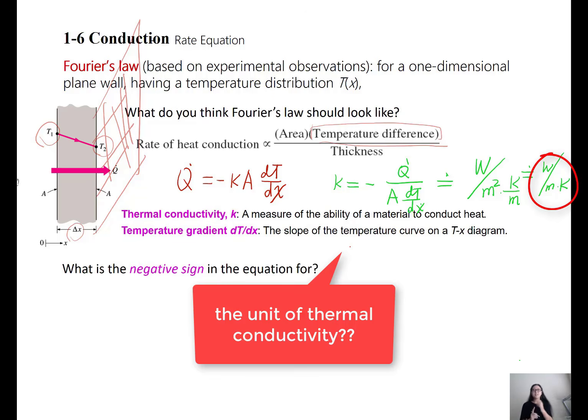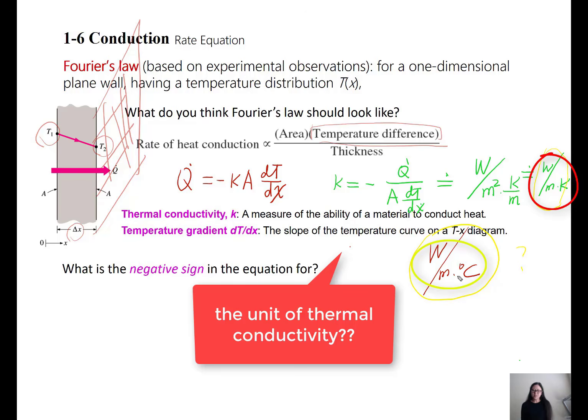So now I'd like to emphasize another important thing. Sometimes from the textbook or from other resources, you do see the unit of thermal conductivity expressed like this. So between watt per meter per Kelvin and watt per meter per degree Celsius, which one is correct? Think about this. Yes, both are correct. Why?